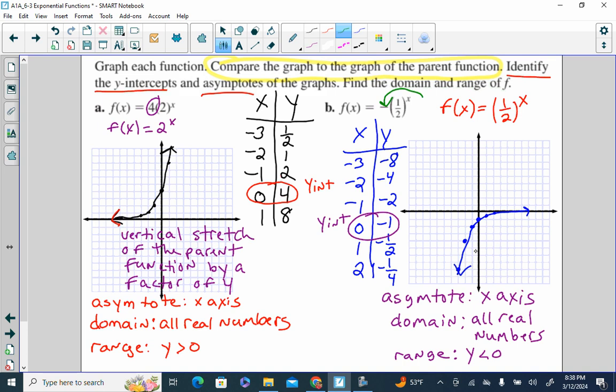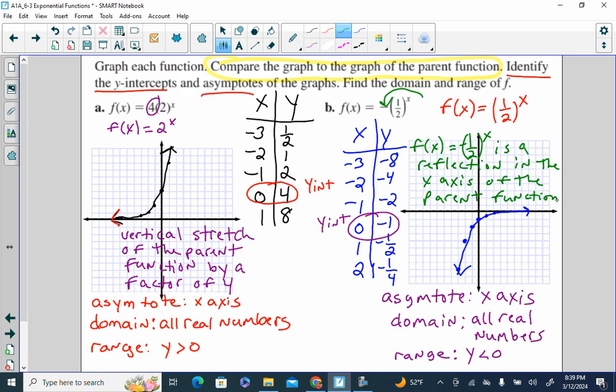So we would say f of x is equal to negative (1/2) to the x is a reflection in the x-axis of the parent function.